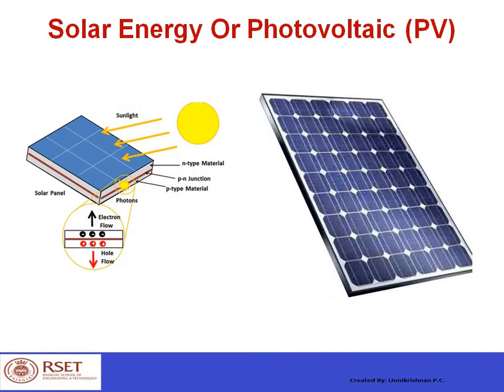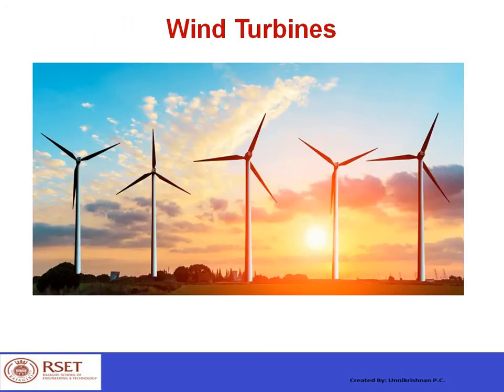Coming to solar energy or photovoltaic PV. A solar panel consists of a series of photovoltaic cells, and each of this photovoltaic cell produces electricity when sunlight falls on it. Next one is wind turbines.